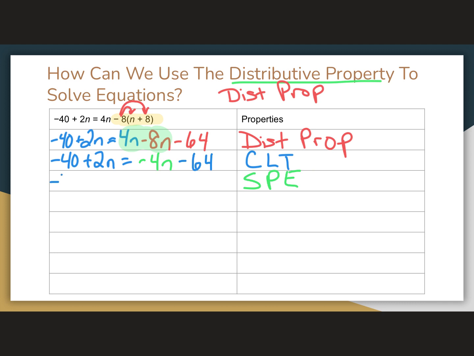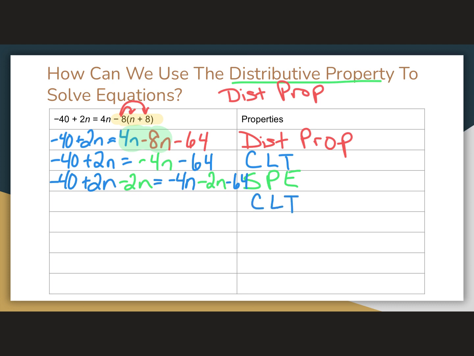So I have negative 40 plus 2n minus 2n equals negative 4n minus 2n minus 64.